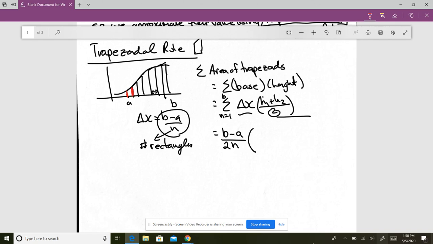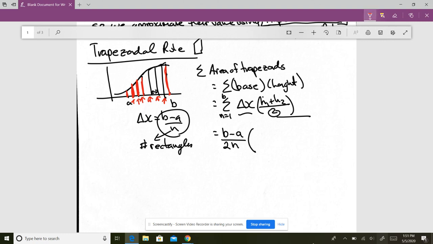And then when you're doing the second trapezoid, this one gets used again, and this one gets used again. And then for the third one, this height gets used, and this one gets used. So essentially, all the heights of the trapezoids get used twice, except for the first and the last, which only get used once.